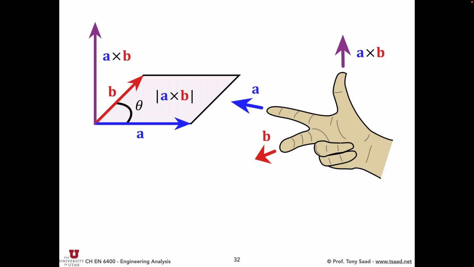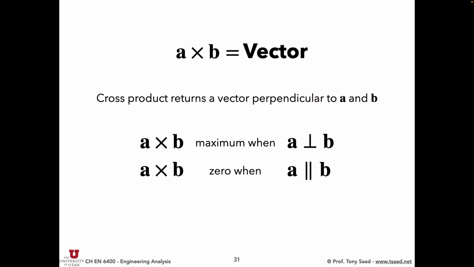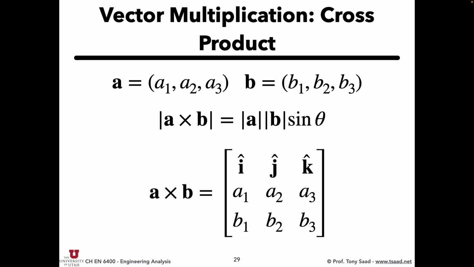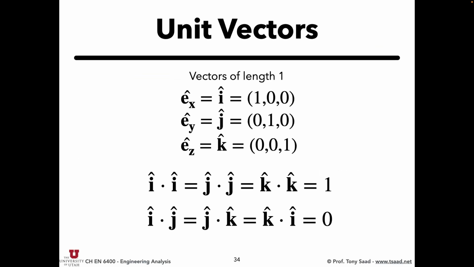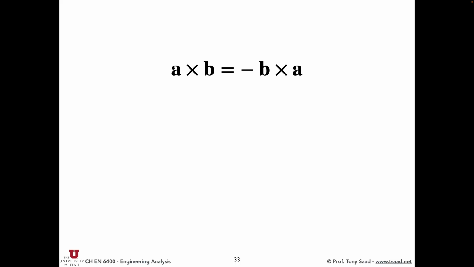So the resulting vector of the cross product is perpendicular to A and B. If A and B were both in the xy plane, the resulting vector is going to be pointing away from them in the k direction. That's the interesting property of the cross product. The magnitude is given by A times B times sine theta. That's just the magnitude of the vector. And A cross B is minus B cross A.